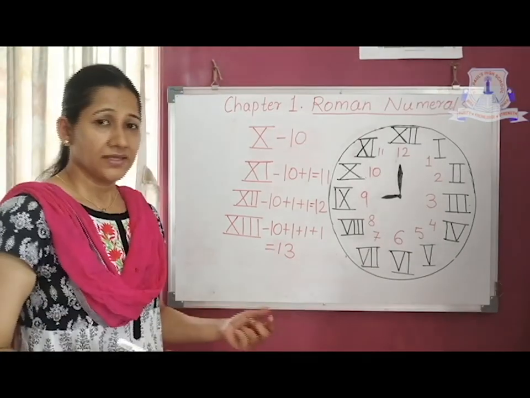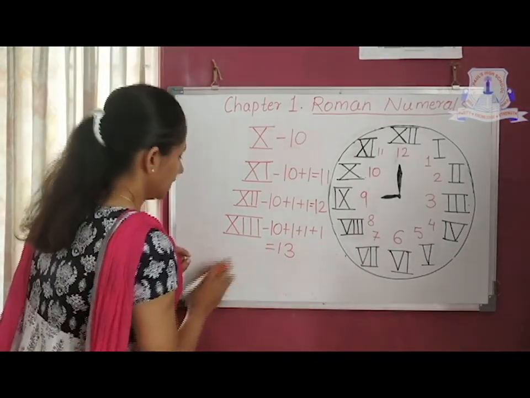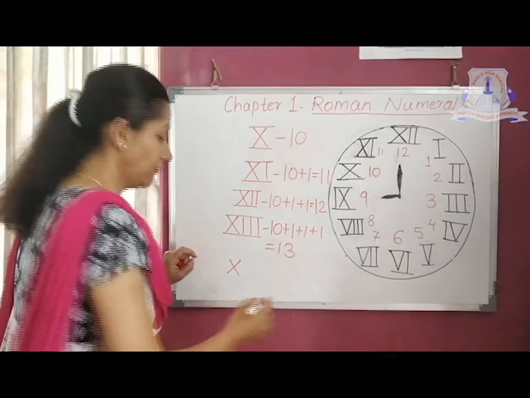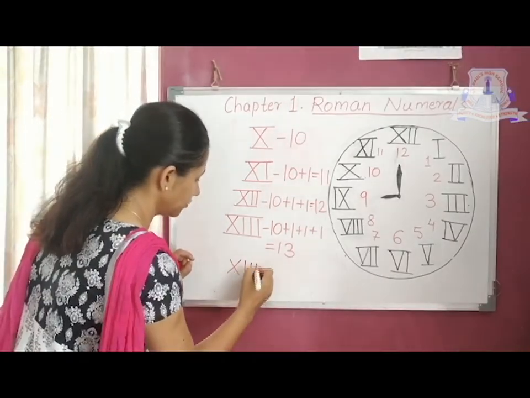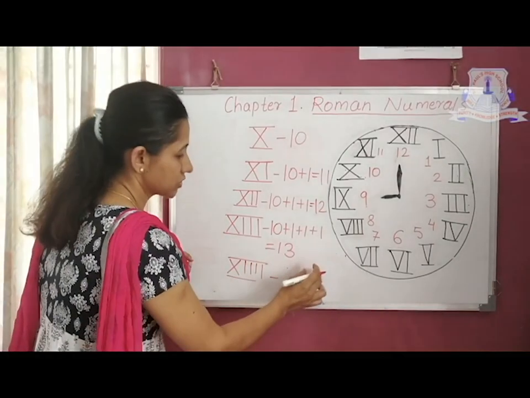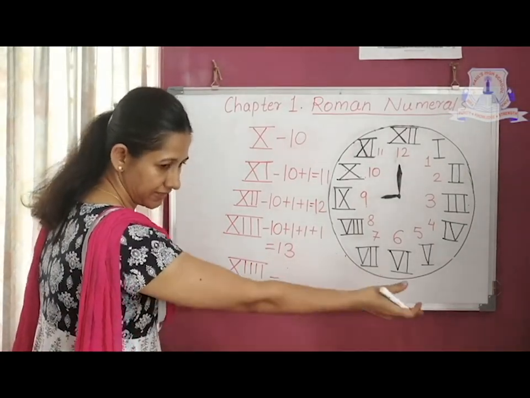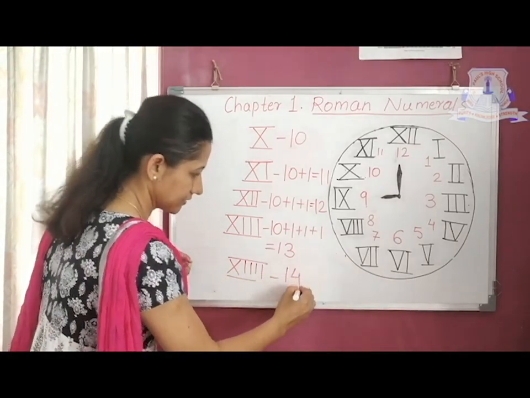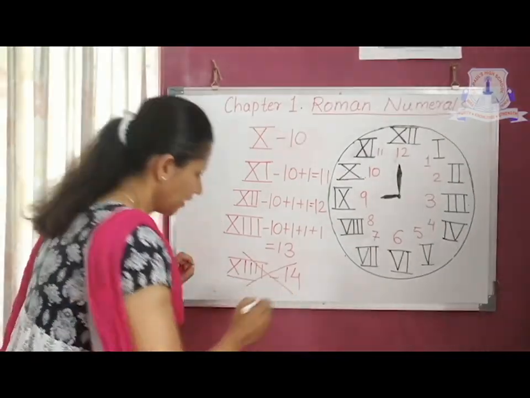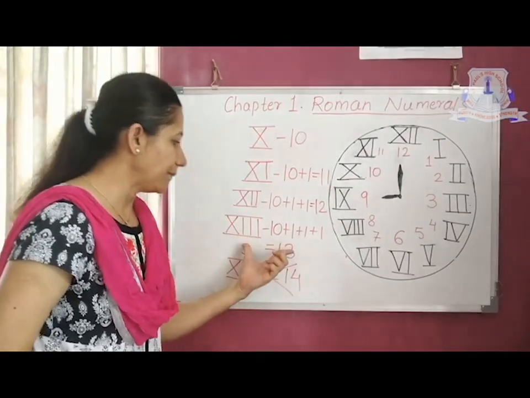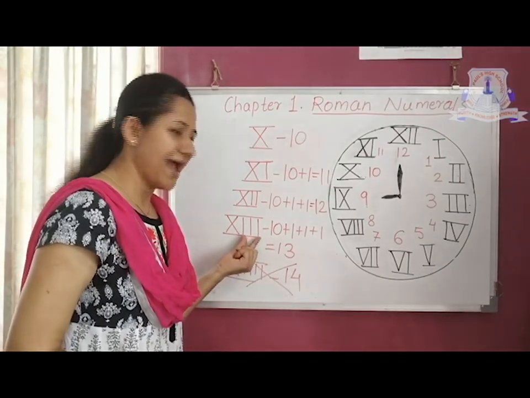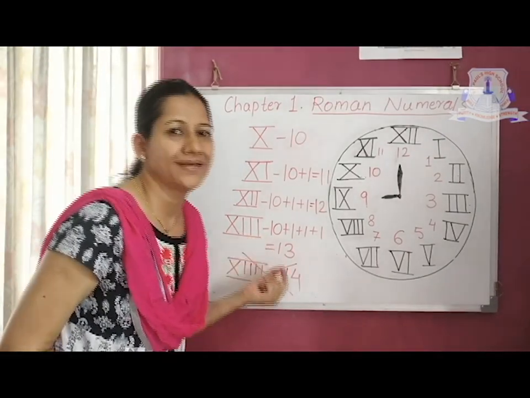But now, what about number 14? You might think that in the same manner we can write number 14 also, X and 1, 2, 3, 4. Is this true? That is 10 plus 1 plus 1 plus 1 plus 1, it will become 14. Is that correct? No, this is wrong. This is applicable only till 3I, you can add over here, not more than that.